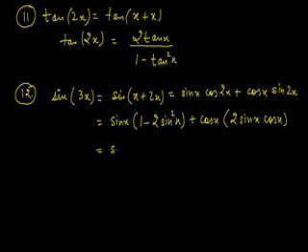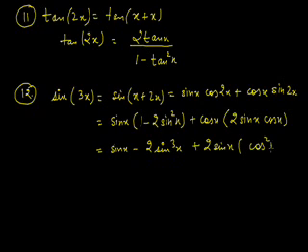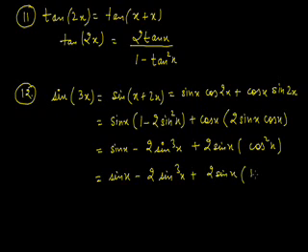On simplification, it will become sin x minus 2 sin cube x plus 2 sin x into cos square x. So you can write it like this: sin x minus 2 sin cube x plus, convert this cos square x into sin x. From the first identity, you can write cos square x is equal to 1 minus sin square x.